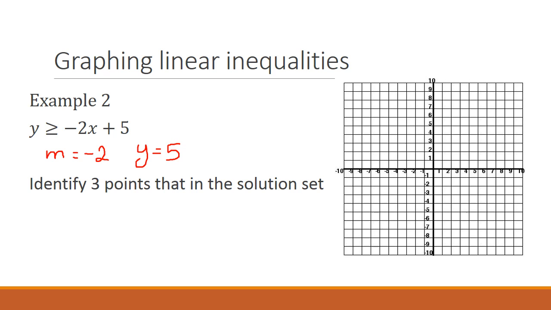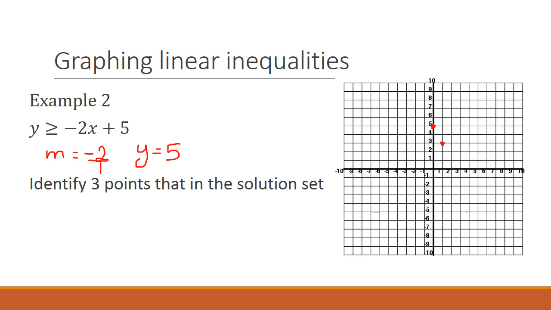So in this case, I'm going to start graphing by identifying the y-intercept, which is right here. I'm going to use the slope to identify a few points to make a nice line for this inequality. So I'm going to go down 2 points and 1 to the right because the slope is negative 2 over 1.